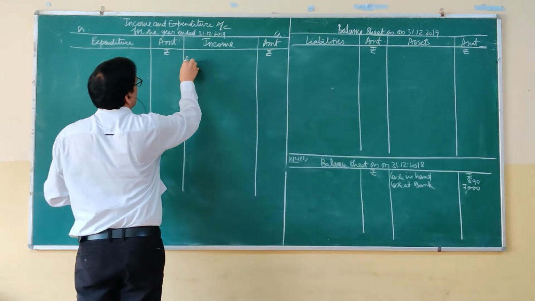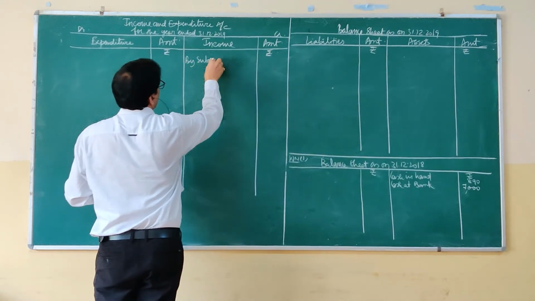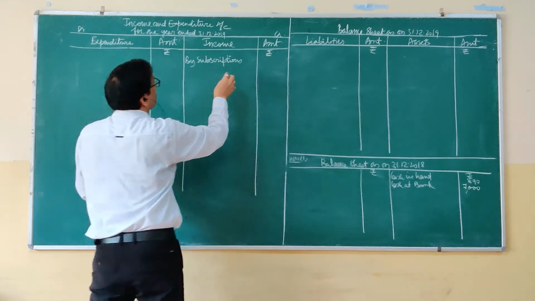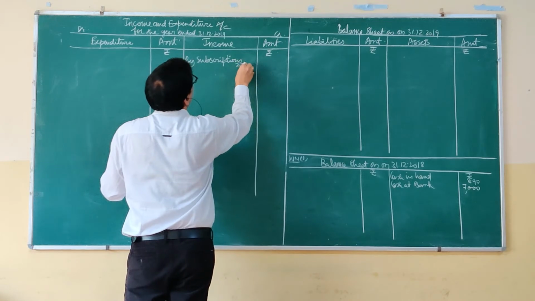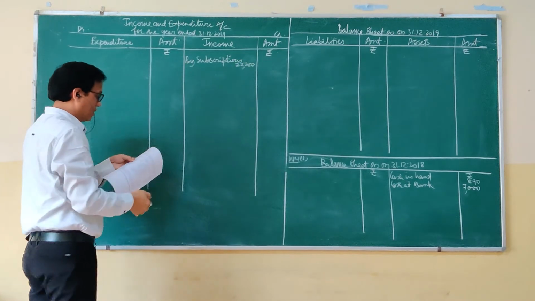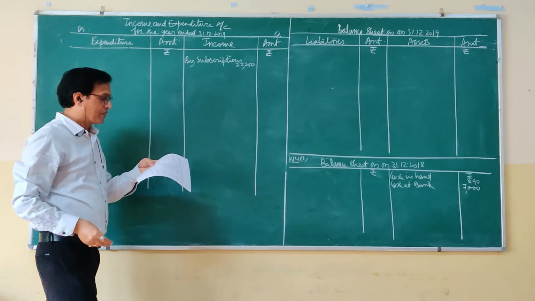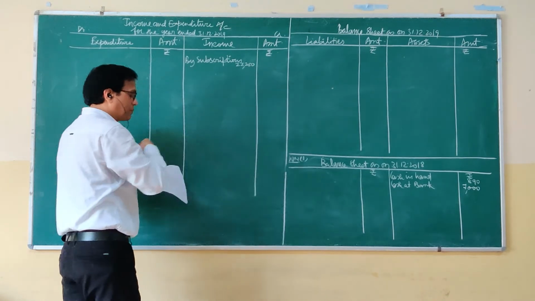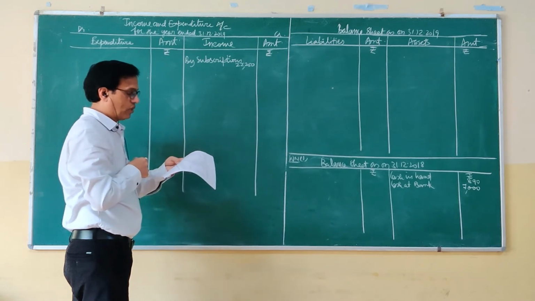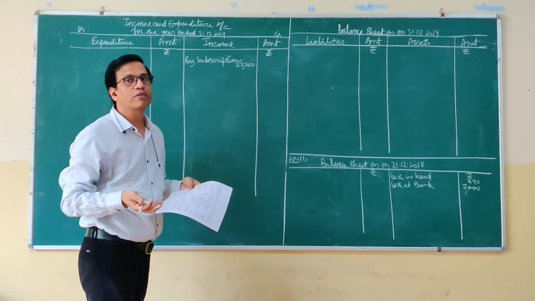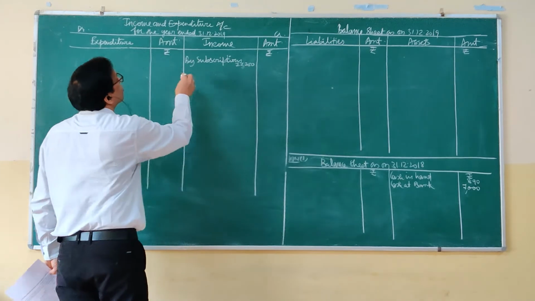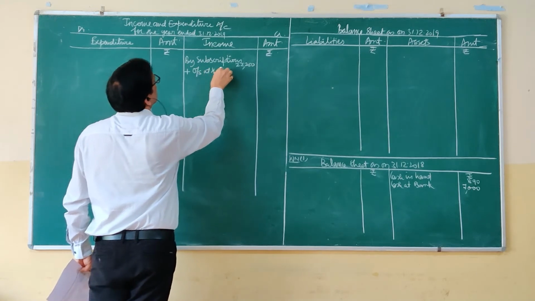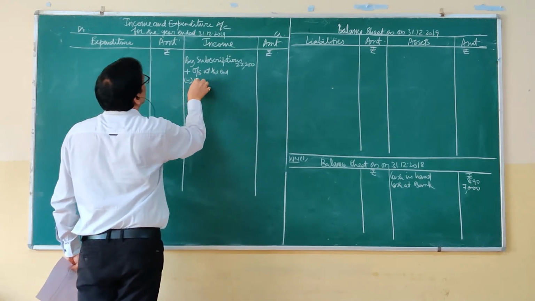The next item is to subscriptions. So here we write by subscriptions. And for that we are given 22,200. Received amount is 22,200. For that we have an adjustment. Subscription outstanding on 1st January 2019, that means outstanding at the beginning of the year. We subtract it, and on 31st December 2019, that means outstanding subscription at the beginning as well as at the end, both are given. So we add outstanding at the end and we subtract outstanding at the beginning.